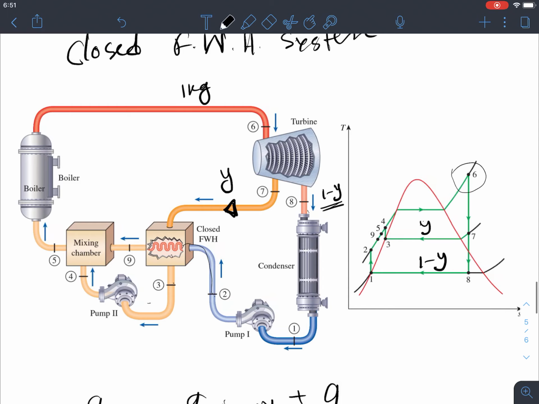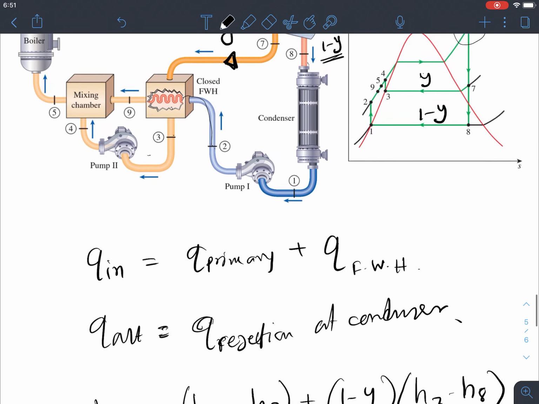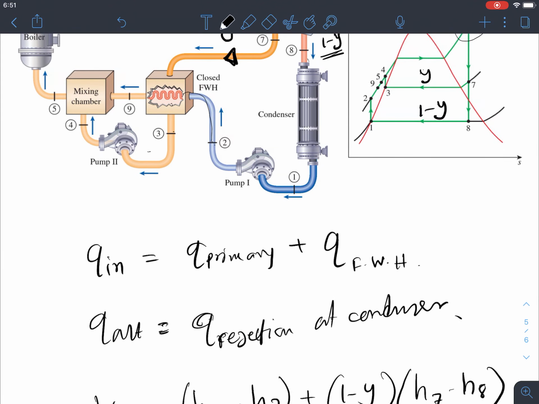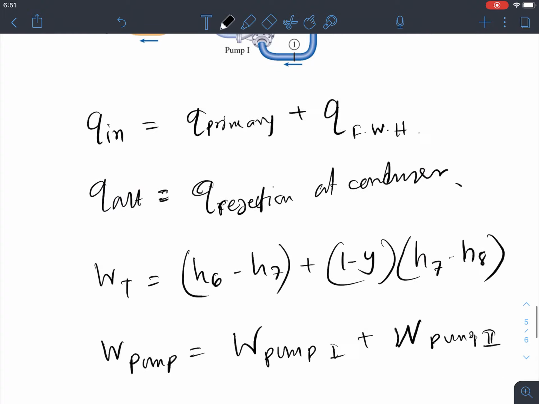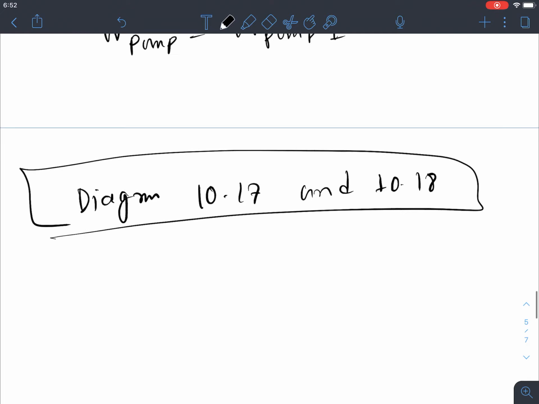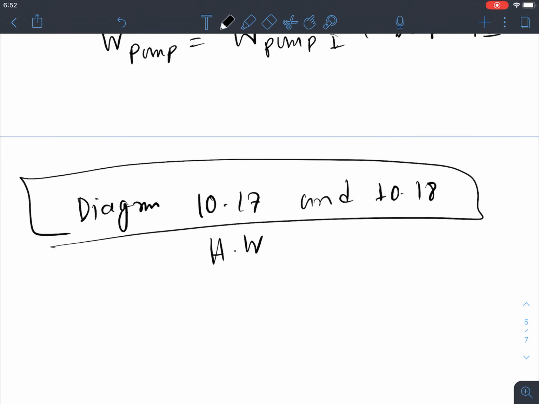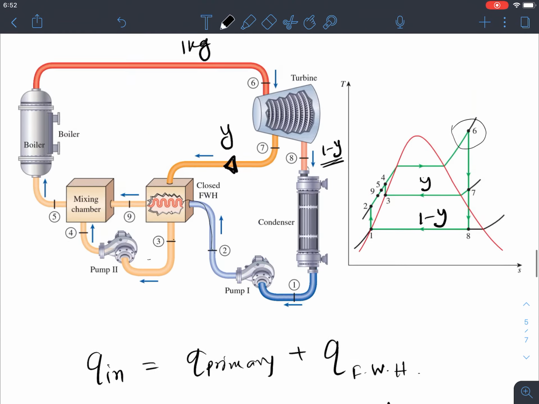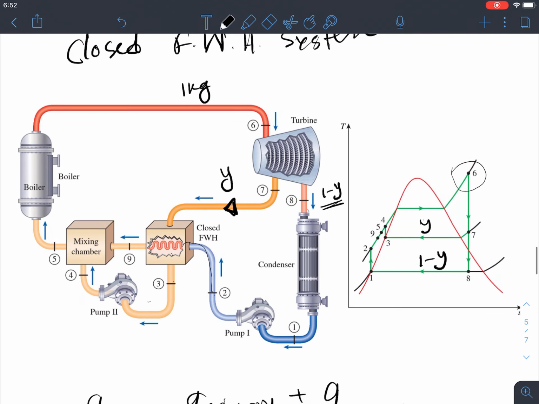So let me ask you one question here. The TS diagram is given here, but if you look at your book, diagrams 10.17 and 10.18, you will see more modification in this feed water system.